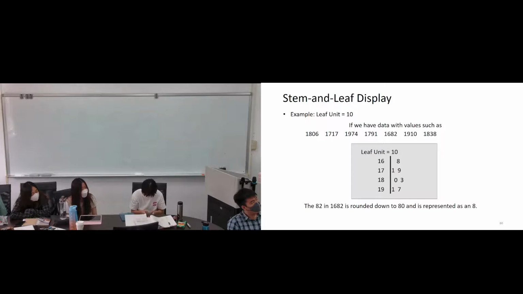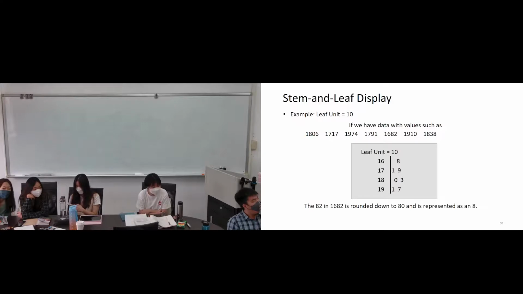So we draw the vertical line, and to the left of the vertical line we put 16, 17, 18, and 19. We have 1682 here, and because each leaf unit represents 10, instead of putting 82 here, we just put 8.